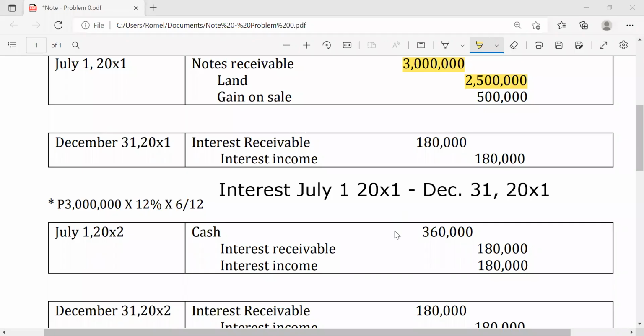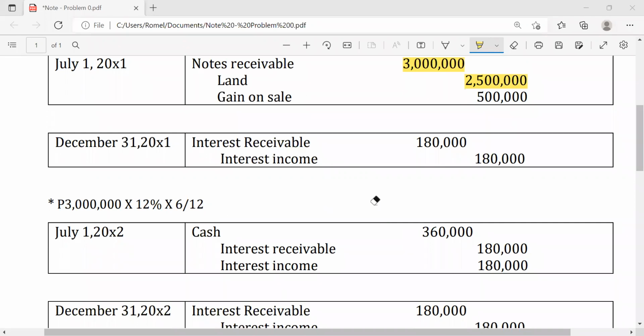Kasi ito yung matatanggap nating interest for the whole year. So that's why we will debit cash 360,000 pesos. And then for the credit side naman, we will credit interest receivable 180,000 pesos. It means that by July 1, 20x2, wala na tayong receivable with regards to interest kasi natanggap na natin yung 360,000 pesos.